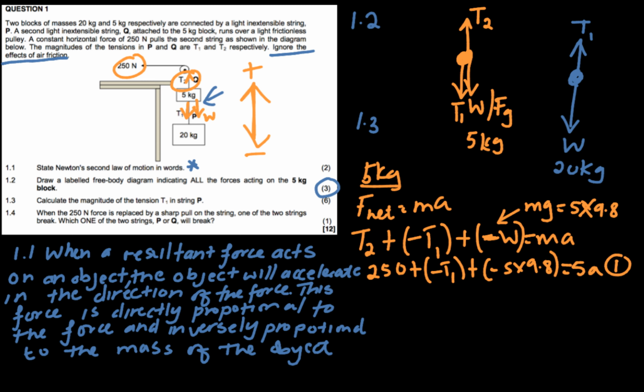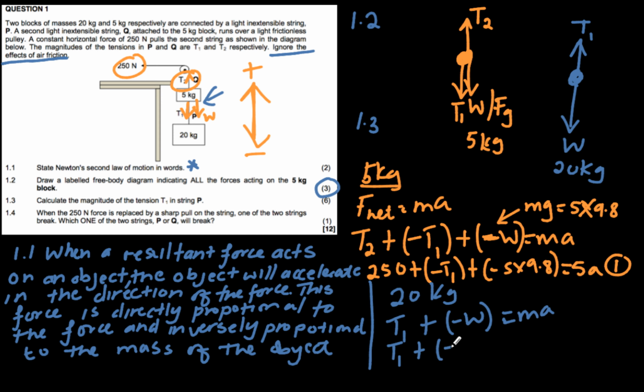And then for the 20 kg block, T1 plus negative W is equal to MA, and then T1 plus negative 20 times 9.8 is equal to 20A.